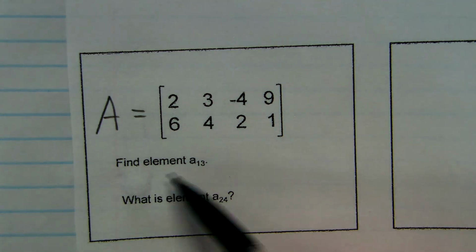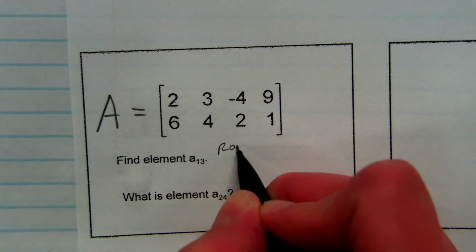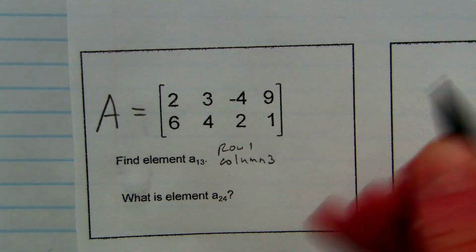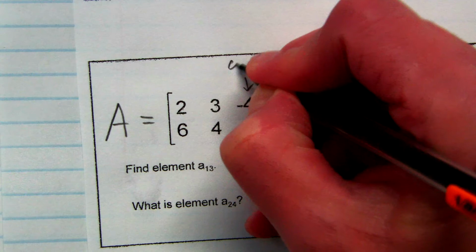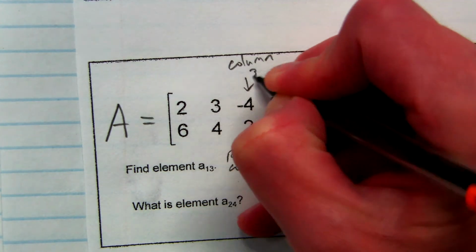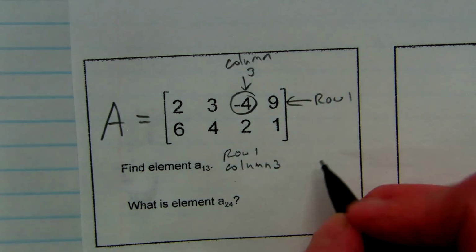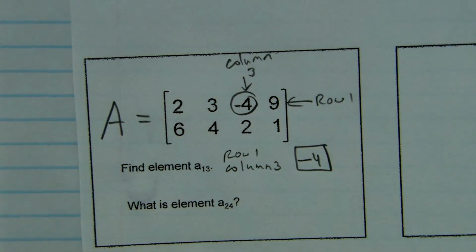So it says find element A13. The 1 means it's row 1, column 3. So here's row 1. Here's column 3. And so this would be the entry A13. So I would say that that entry is -4.